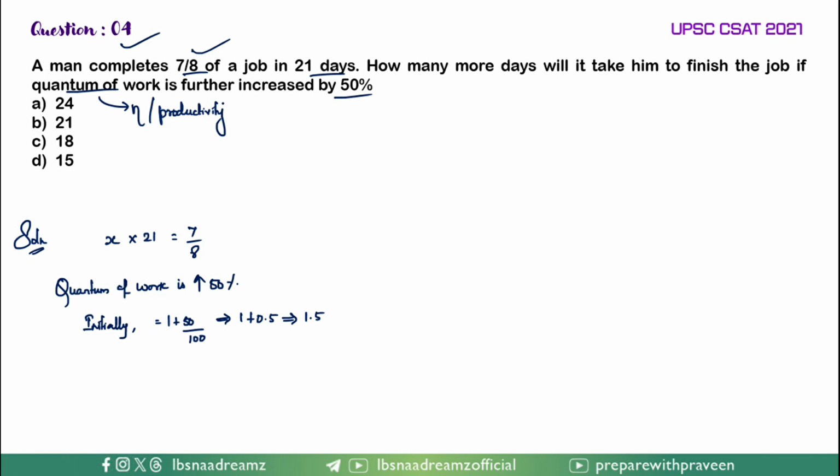So already 7 by 8 of the job is done. Now the remaining work will be x into t is equal to 1.5 minus 7 by 8.